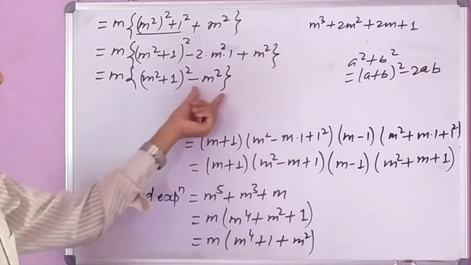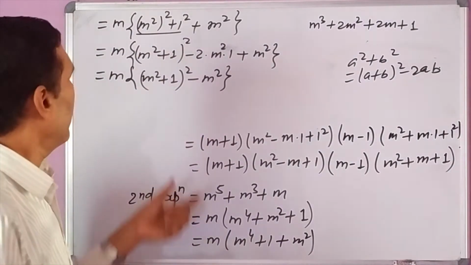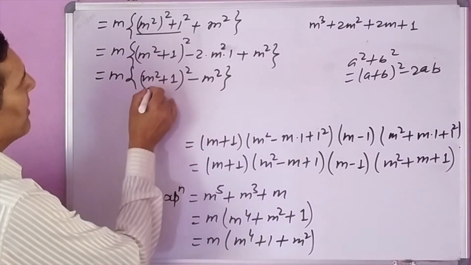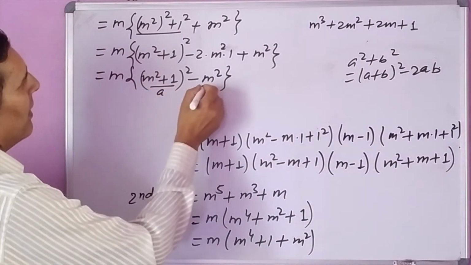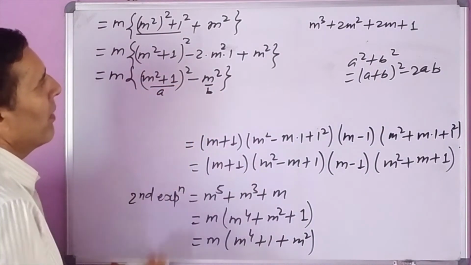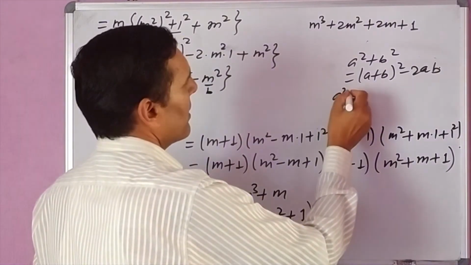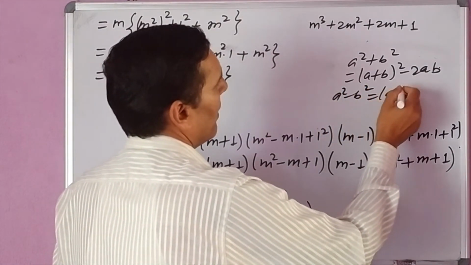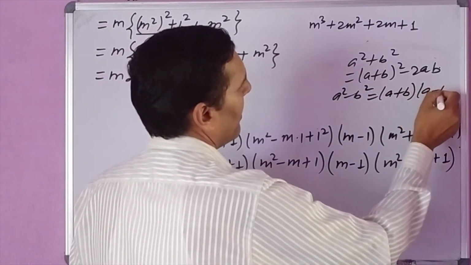So we have a square minus b square form inside the bracket. Supposing this m square plus 1 is a and this m is b, we use the formula of a square minus b square, a plus b times a minus b.